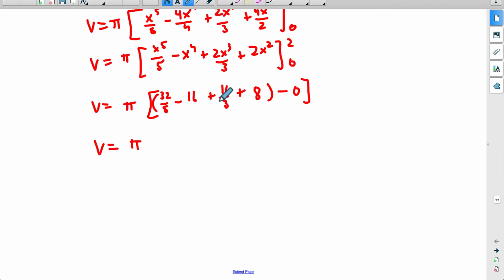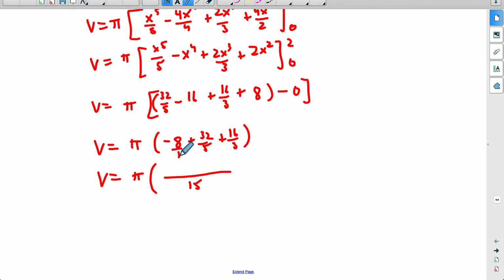We've got this negative 16 and this positive 8, which gives us negative 8. And we got the 32 over 5 and the 16 over 3. So we need to get common denominators of 15. This is, of course, negative 8 over 1, so it's going to be over 15. Multiply by 15, you get negative 120. Multiply by 3, you get 48 over 15 for... rather, 96.